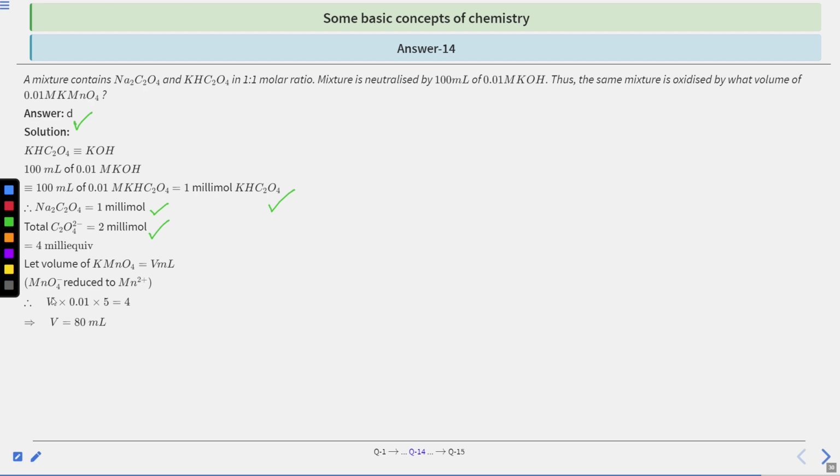So V multiplied by 0.01, that is the molarity, and multiplied by 5, will be equal to 4. Here 4 is the equivalents which we have calculated, and 5 is the n factor, as MnO4- goes from Mn +7 to Mn2+. From this equation, V, that is the volume of KMnO4, comes out as 80 ml. Hence option D is the correct answer.